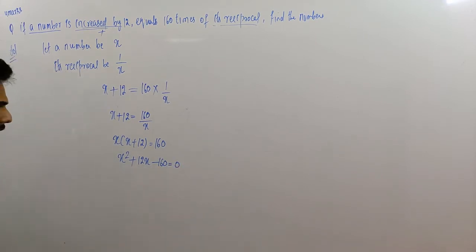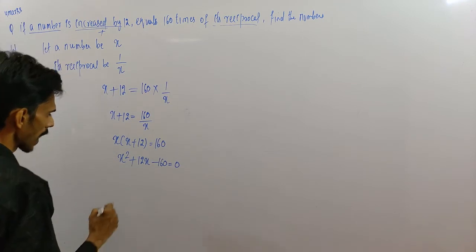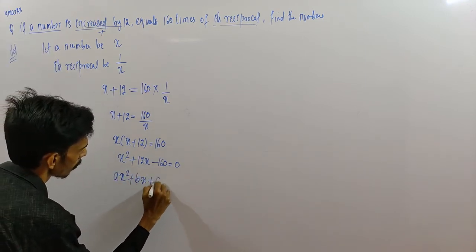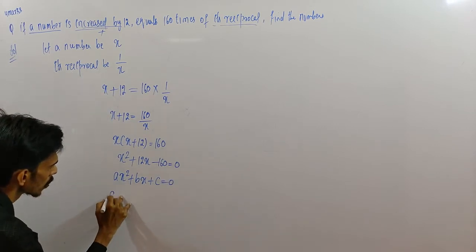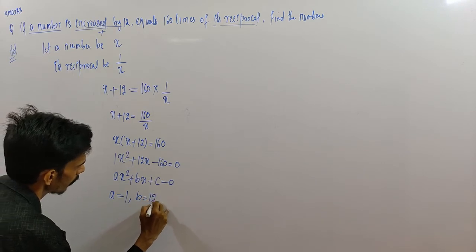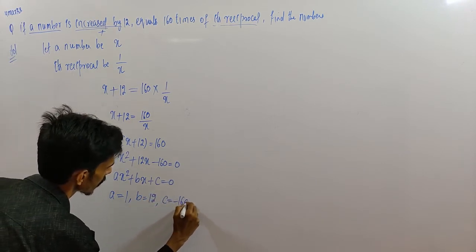Now this is a quadratic equation. Compare this with the standard equation ax² + bx + c = 0. So a value here we have 1, b value we have 12 and c value is minus 160.